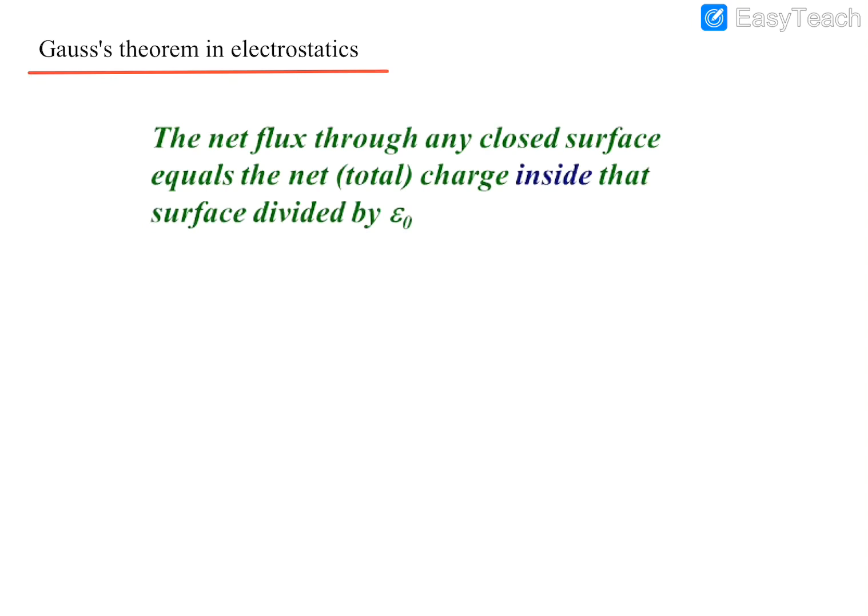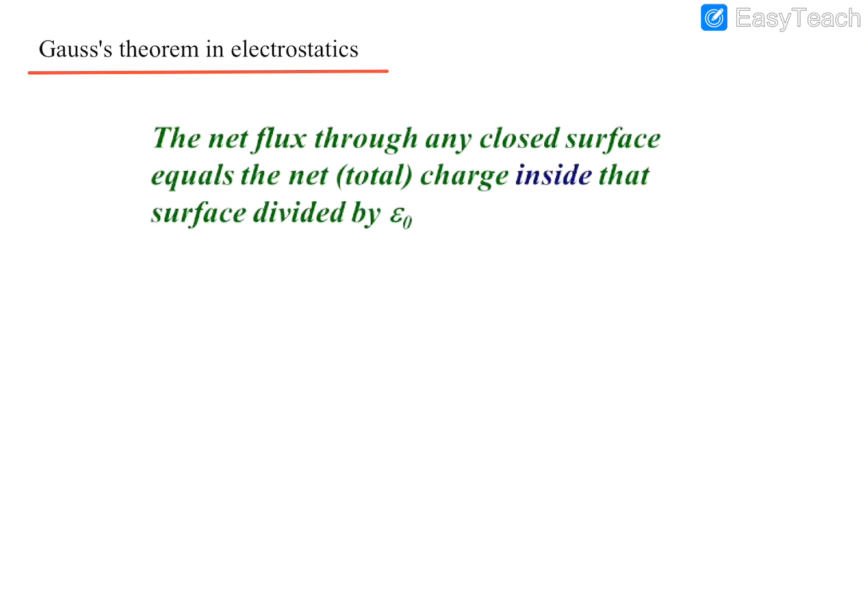According to the statement of Gauss's theorem, the net flux, all of you know what is flux, the net flux through any closed surface. This theorem relates flux of a closed surface with the amount of charge in that closed surface. So according to the theorem, the net flux through any closed surface equals the net charge inside that surface divided by epsilon 0.